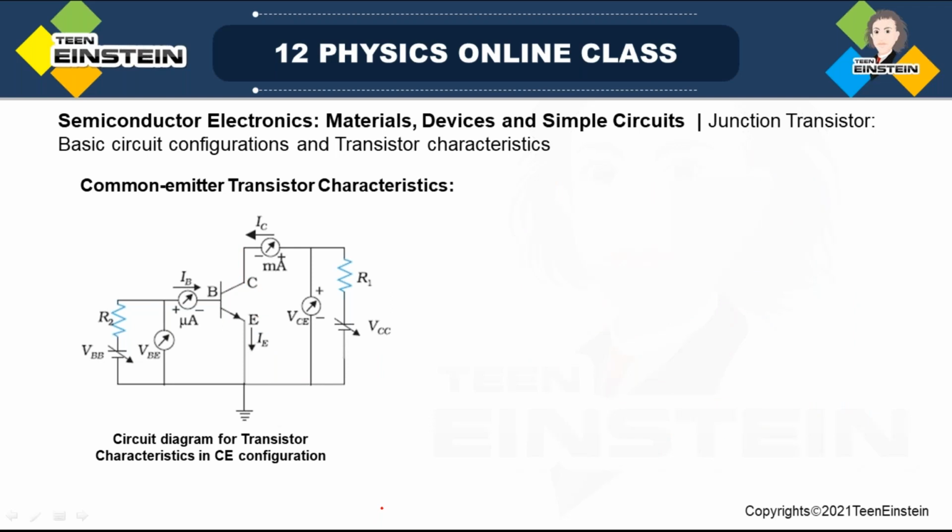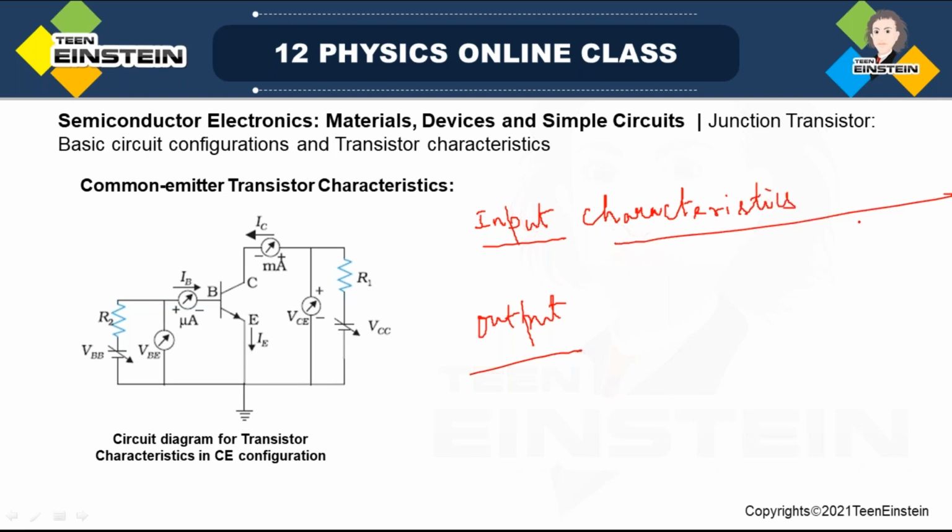Now, since I have to bias two junctions, one is input and another one is output, there are two types of characteristic curves we'll be drawing here. Input characteristics and output characteristics.